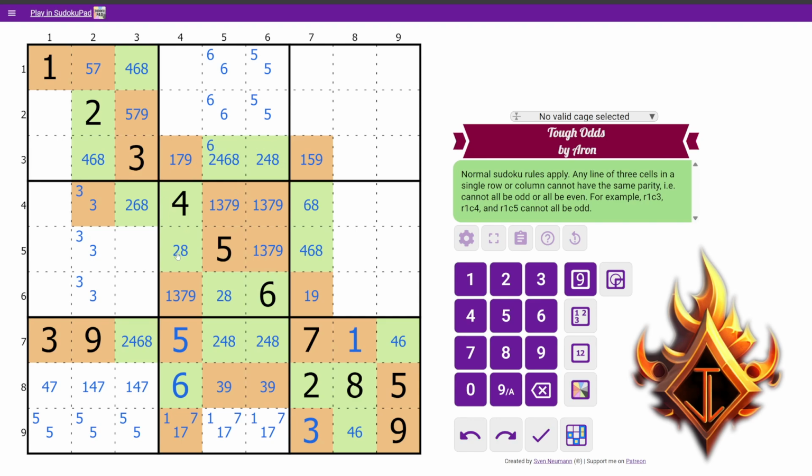One, two, three. There is one more even up here. There's one more even in here. There's still 4 odds to place over here somewhere.